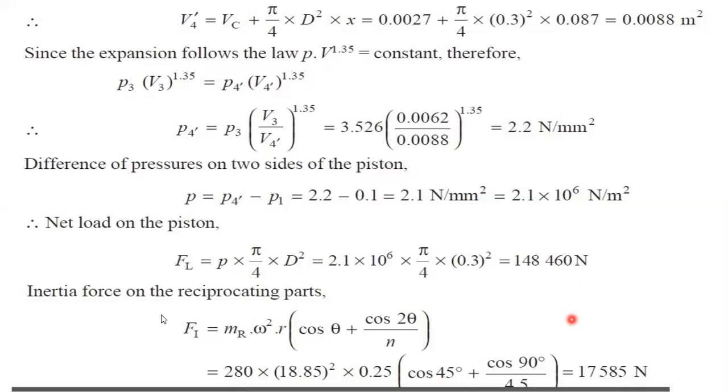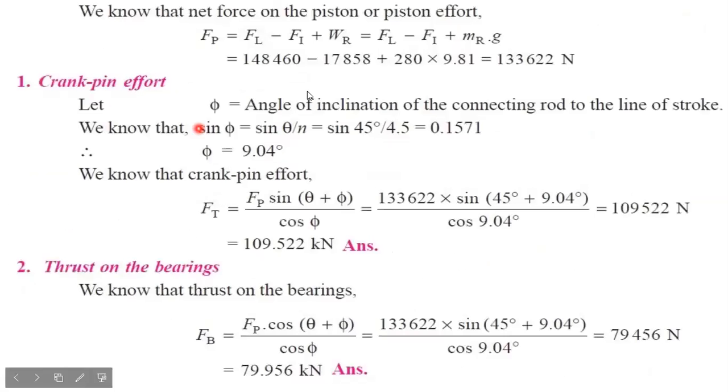Next is the inertia force on the reciprocating part. The inertia force is nothing but the mass of the reciprocating part into the acceleration of the piston. We know the formula, so substitute all the values and you will determine the inertia force. Next, in the question they will be asking the crank pin effort. For that we need the piston effort value.